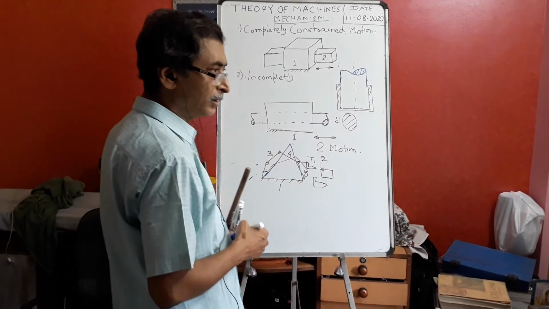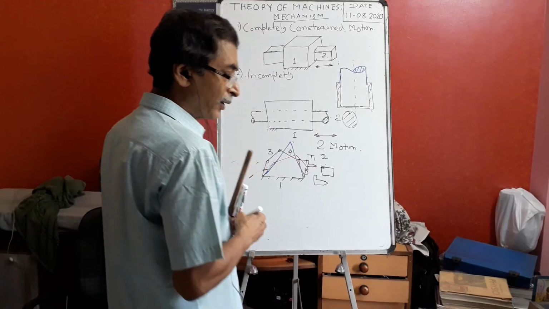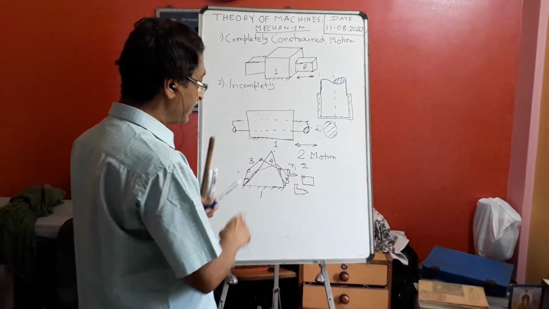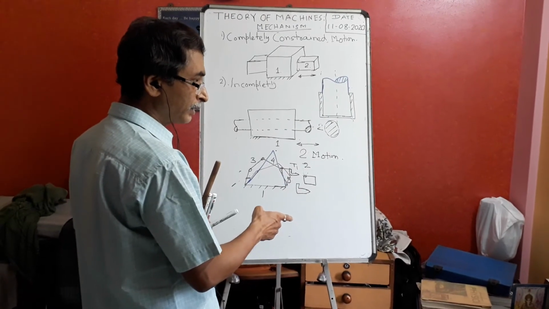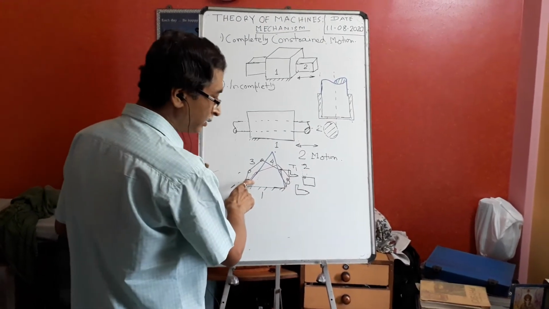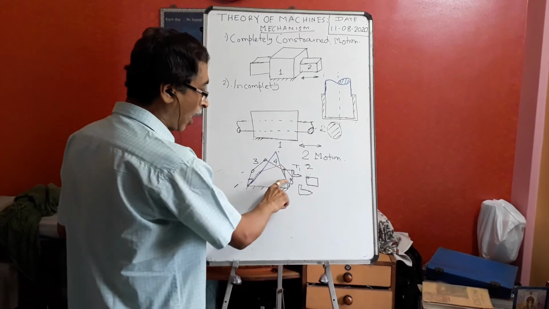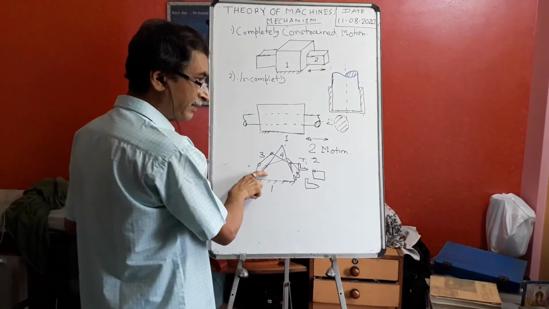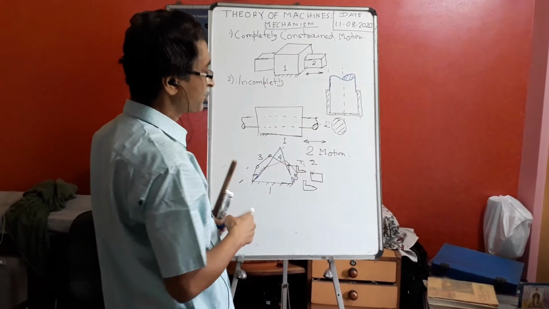The motion is not constrained, it is unconstrained. So if it has to be constrained, every time I give any command, the output has to be the same. That means input is the same, output is the same. That is called constrained motion.